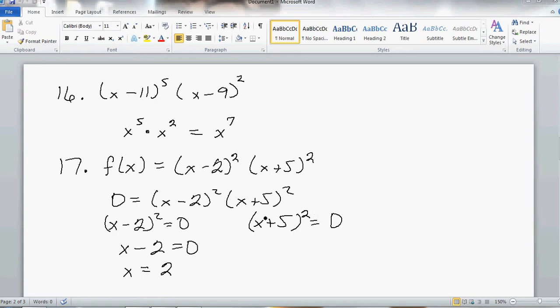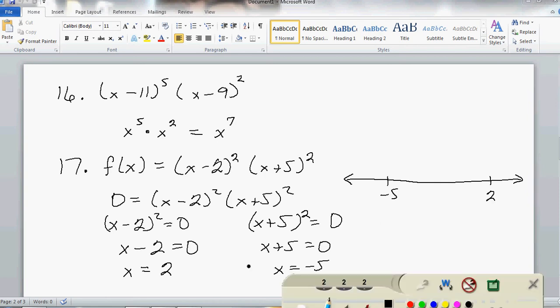Likewise, x plus 5 equals 0, or x equals negative 5. We're only interested in the x-axis, and in particular the points negative 5 and 2, because that's the only place where there is a 0.